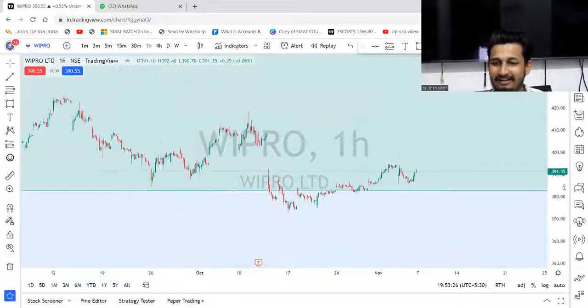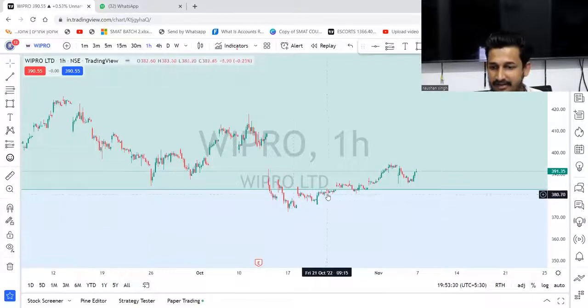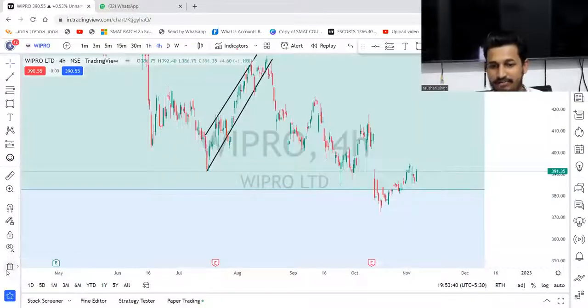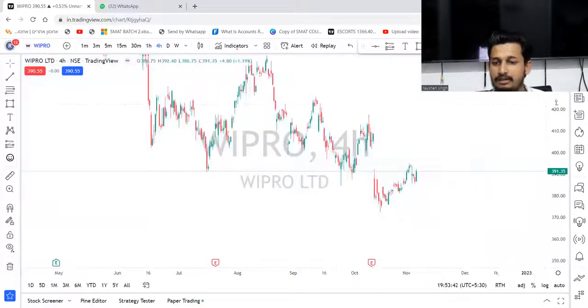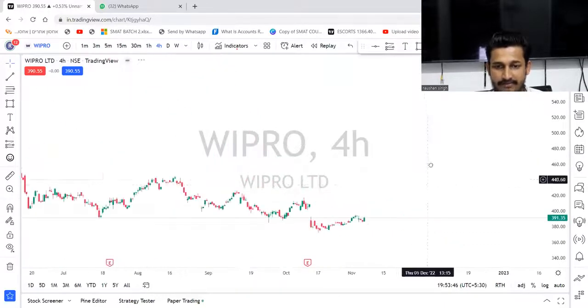Anyway, talking about Wipro, I had told those who asked me about Muhurat trading to get this stock. According to the strategy, there are many short-term strategies as well, but this stock is good for the long term and is available at a very good price.